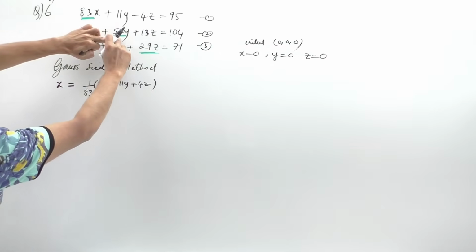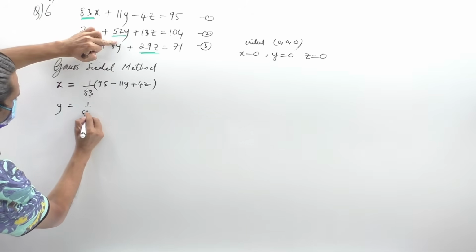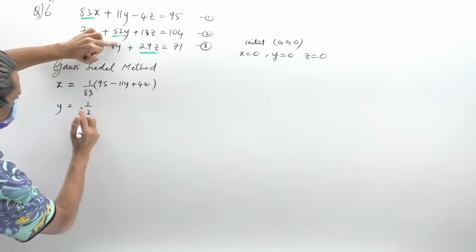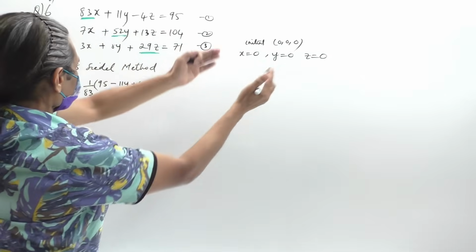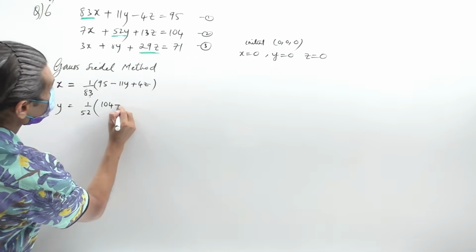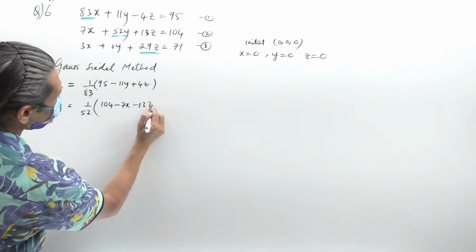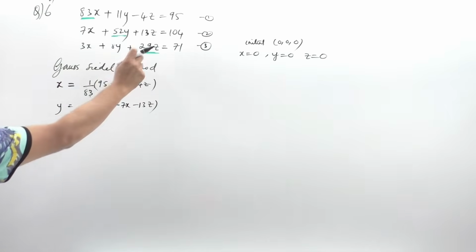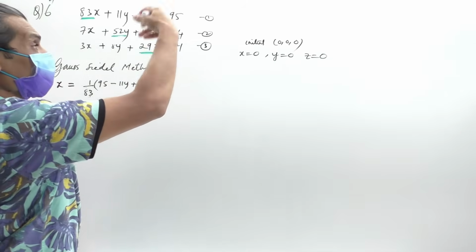Similarly, y. Y is equal to 1 by 52 into, take all terms this side, 104 minus 7x minus 13z. That's it. And lastly, this z. Z is equal to, what is that? 29z is equal to this much.